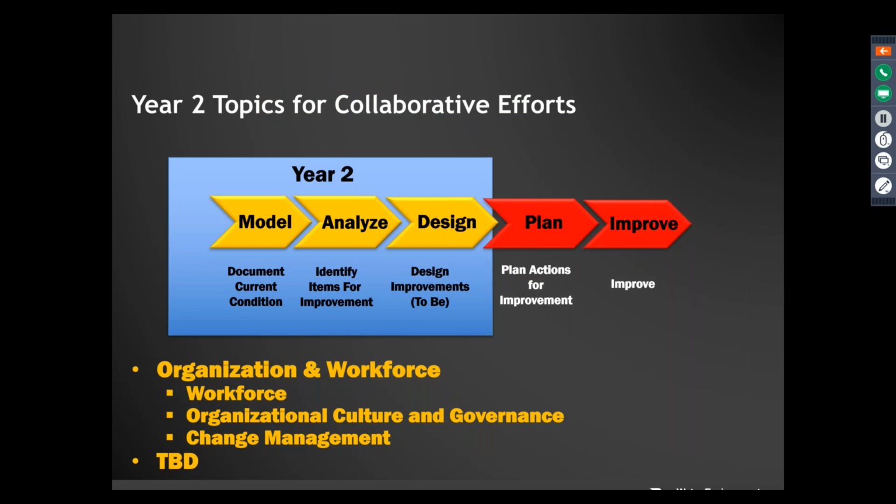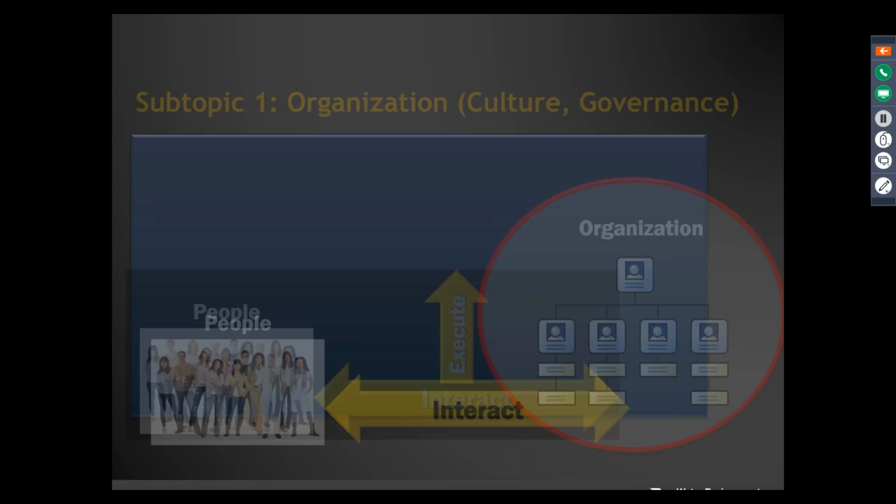So in year 2, we will go through similar methodology to document, identify items for improvement and design, but apply it to this new topic that is a bit less technical. And it will include 3 subtopics: workforce, organizational culture and governance, and change management. And we will again strive to engage utility partners to take the lead on these efforts, and their participation will ensure that our work is grounded in the real needs of the water sector utilities.